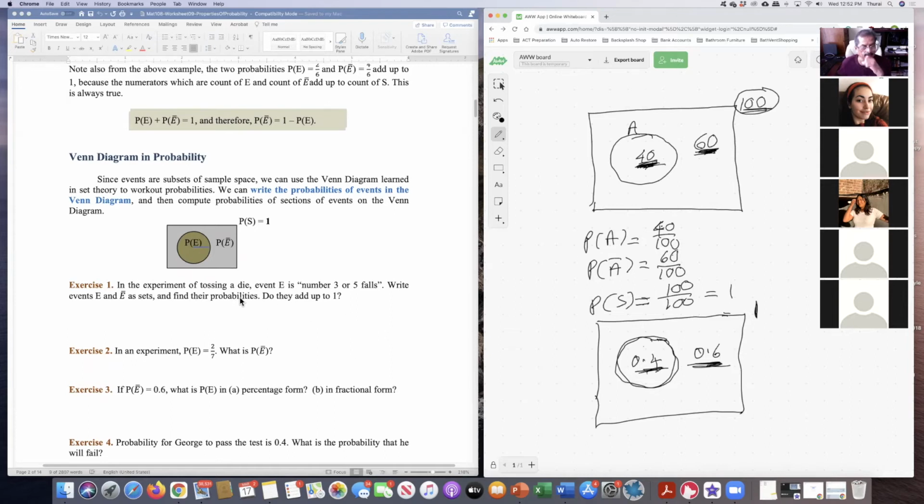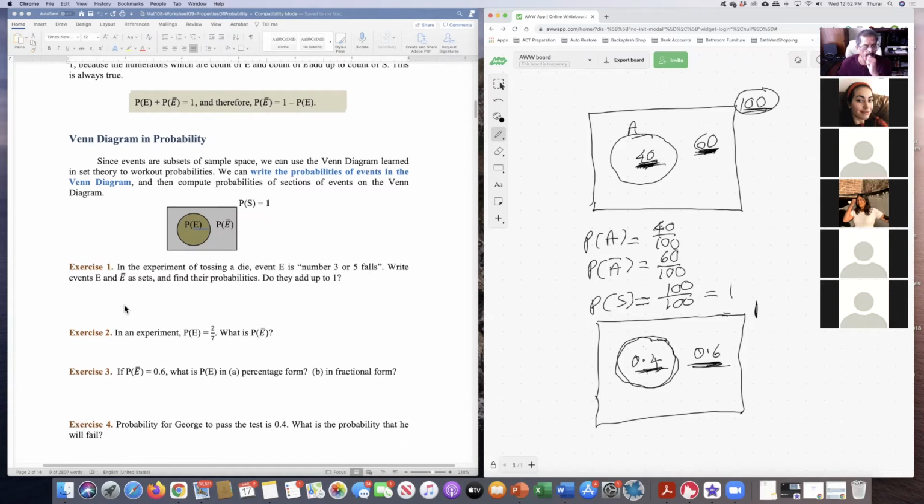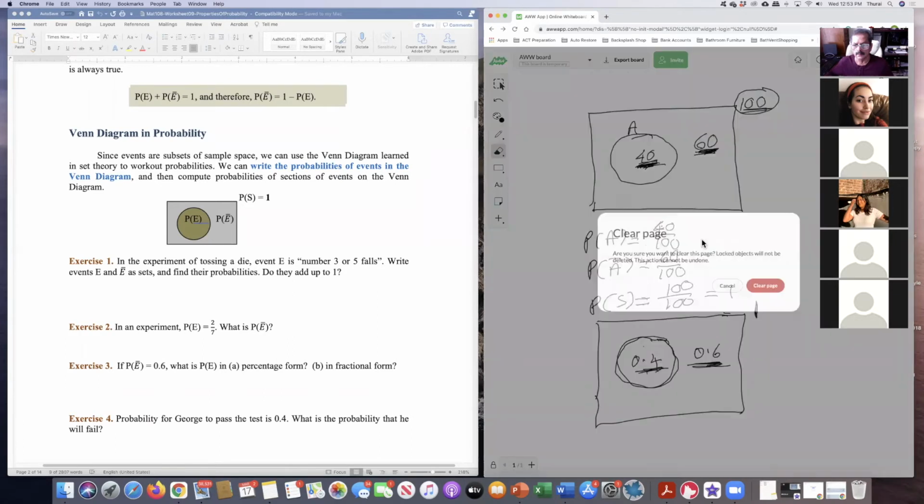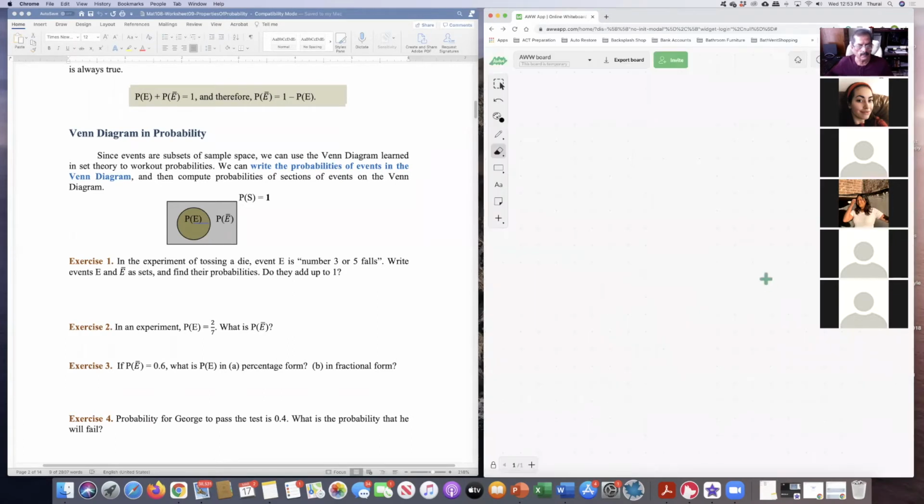In the experiment of tossing a die, E is 3 or 5 faces up. Write E and E bar as sets. Okay, let me clear the board. Can somebody tell me E as a set? One, two, three, 4, 5, 6.